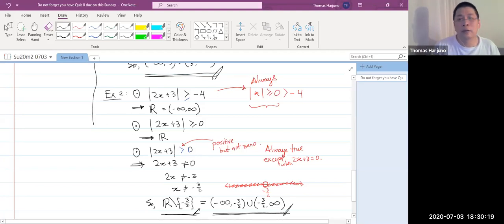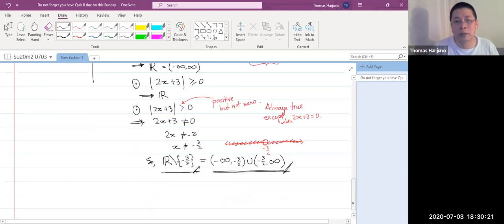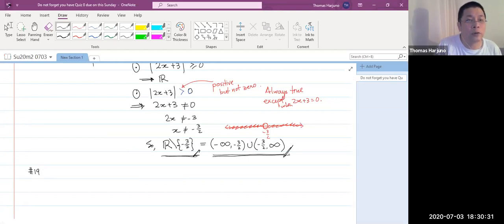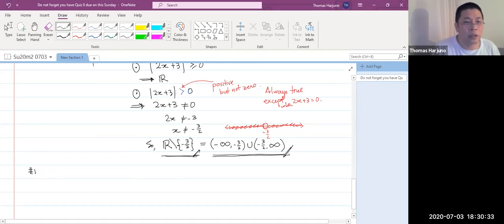Let's say, for example, number 19. I plan to take only half an hour for this. It seems like it takes more than half an hour. Number 18 instead, not 19. Number 18: absolute value of x minus 4 is less than or equal to 0.03. Then the first thing you say, this is case number 1.